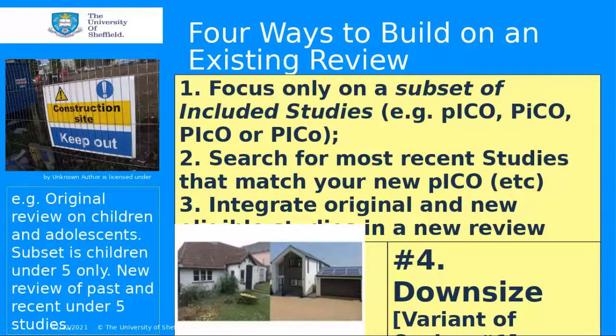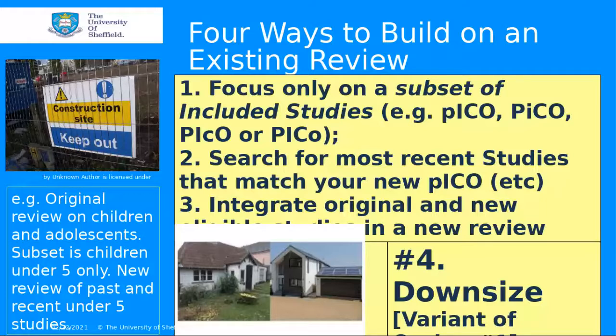We look for original studies from the original review that meet our new PICO, perhaps, for example, changing the population or changing the interventions that are included, but we also conduct a search for more recent studies that match this new PICO. And then we create essentially a new review that integrates the subset of studies from the original review and the new studies that we found within a new review.